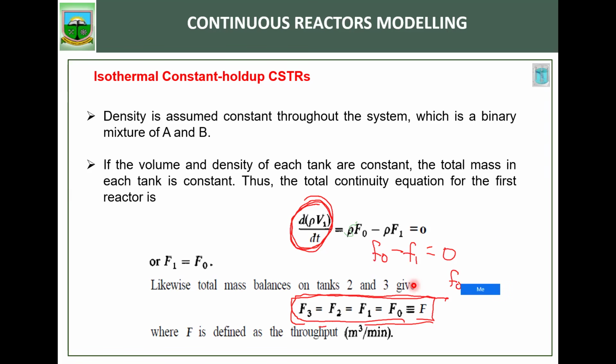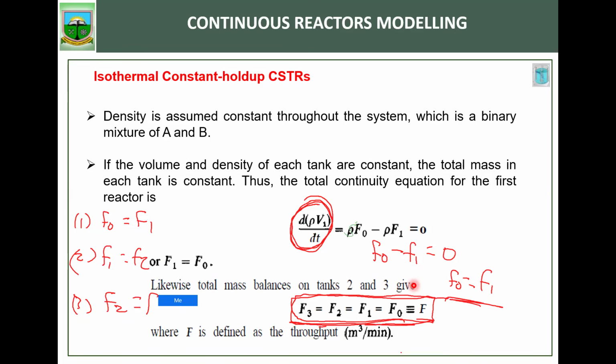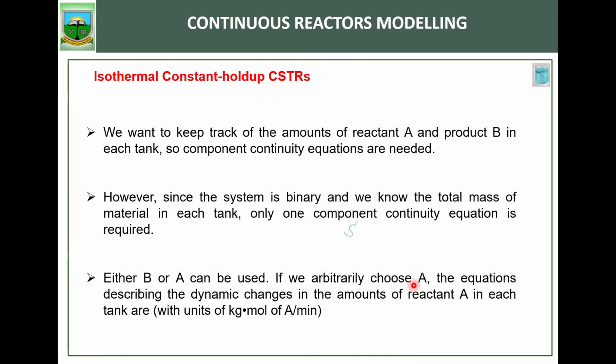So it means Fo is equal to F1. That's the continuity equation for all the tanks. For the first tank it will be Fo is equal to F1. Second tank will be F1 is equal to F2. Third tank, F2 is equal to F3. And you go ahead and then establish your continuity equations.